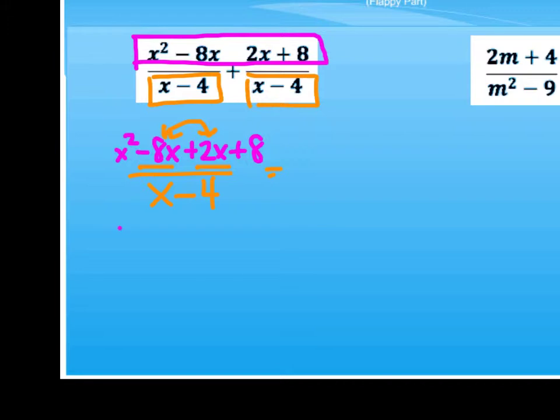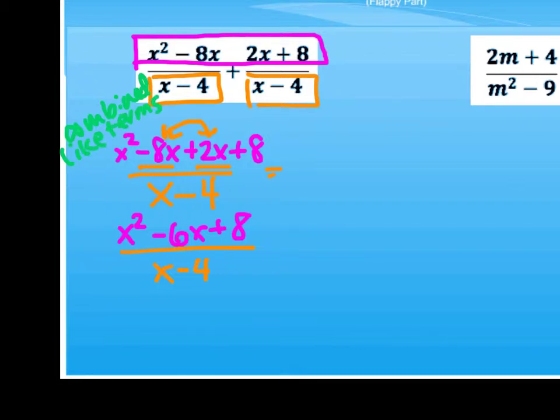So we can rewrite all this as x squared, negative 8x plus 2x is negative 6x, and add our 8 at the end, all over x minus 4. So essentially what we did just there was we combined like terms.